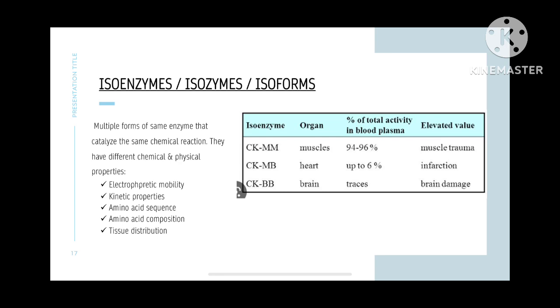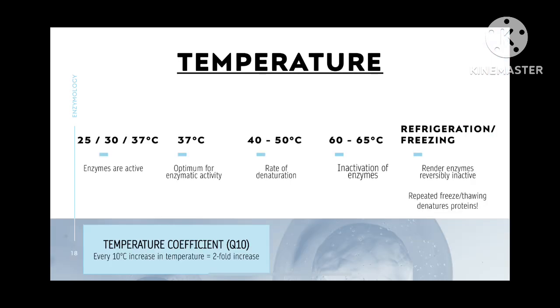So meaning, class, when testing these in the laboratory, it will give us information as to what part of the body of this patient has a problem. Aside from creatine kinase, class, we also have lactate dehydrogenase, amylase, and also aldolase, and some other enzymes that also have isoenzymes.